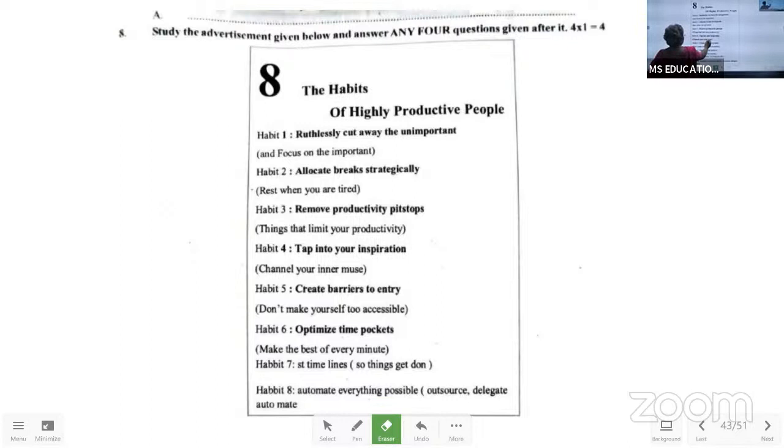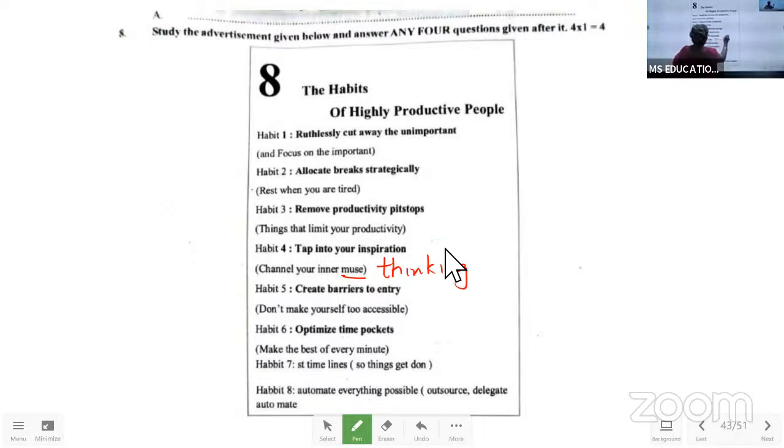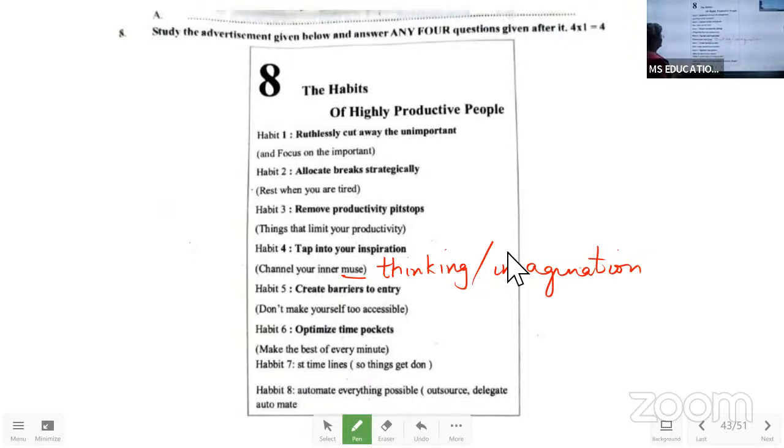Channel your inner muse. Muse is thinking, your imagination. Then next, fifth habit, create barriers to entry.